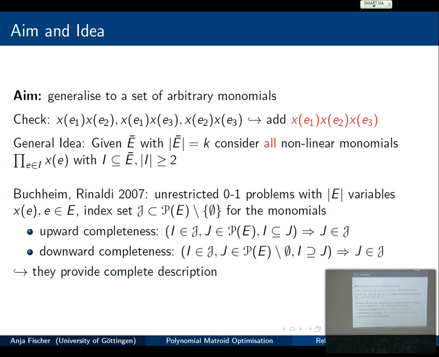If you have some monomial, then you want to have all larger monomials, or for all subsets of your index set should be contained. And in this case, they provided a complete description. So we know how the linearization should look like.